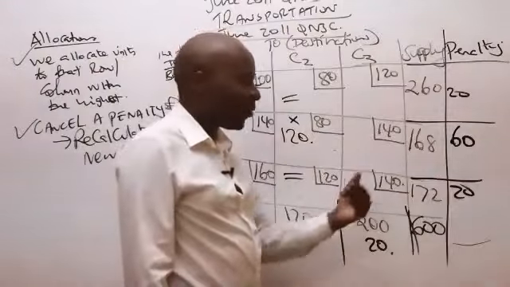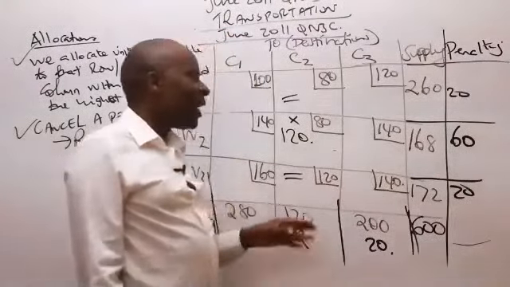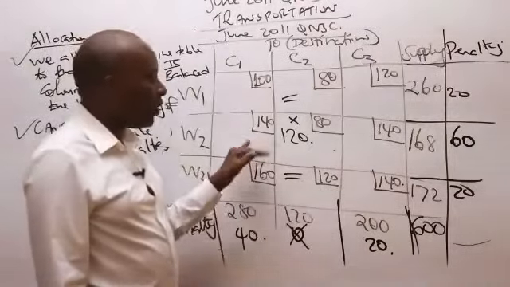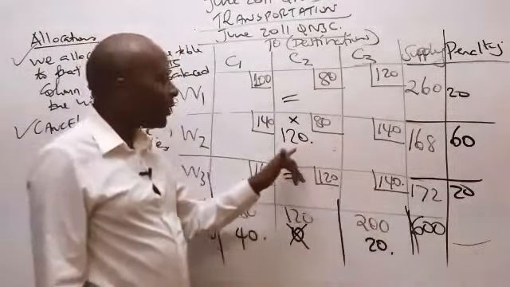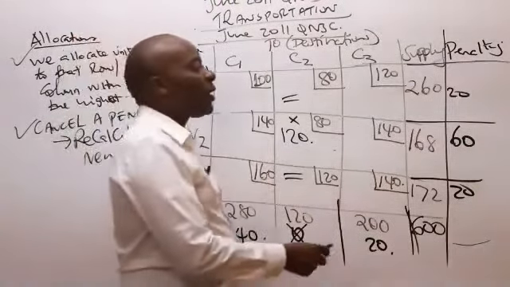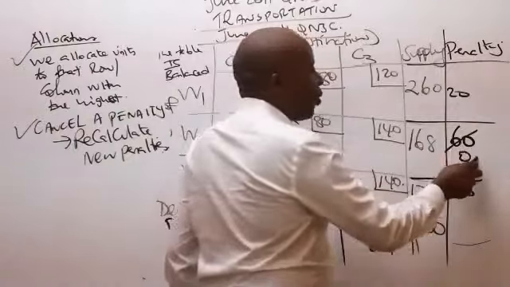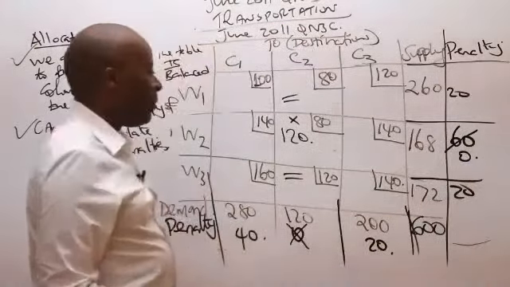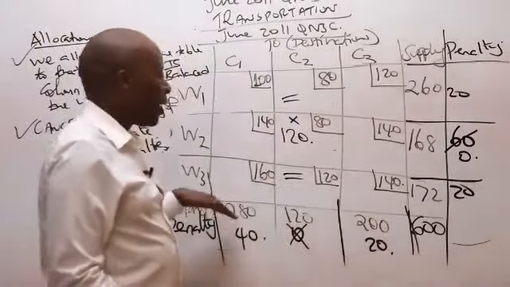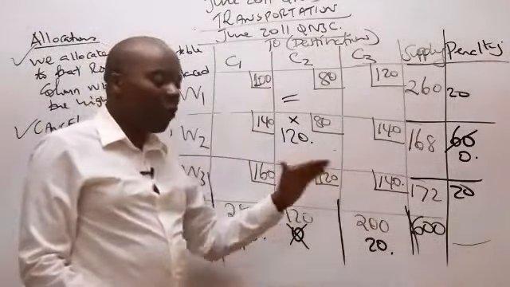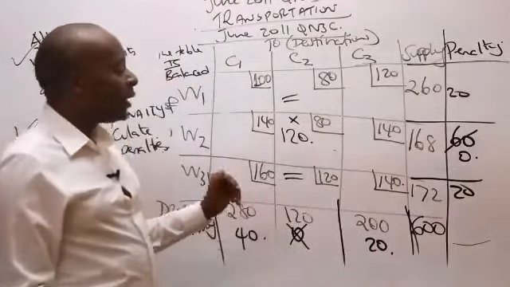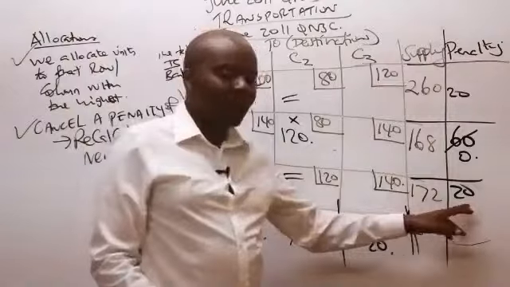Come to this one. The best here is 140, like Victor was telling us, 140 and 140 now. Remember, this is not available. So 140 and 140 gives me a penalty of 0. When I come to the third row, the very best is 140, followed by 160. When I get the difference there, I'm getting 20.